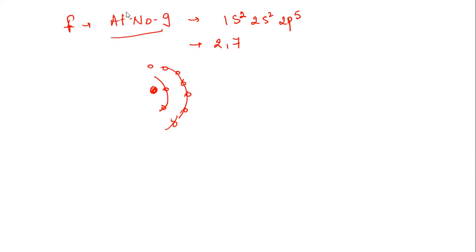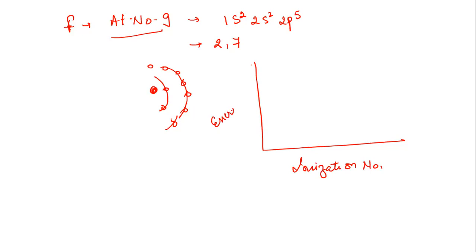Now, if I draw a graph of ionization number against energy in kilojoules, the ionization numbers are first, second, third, up to ninth.